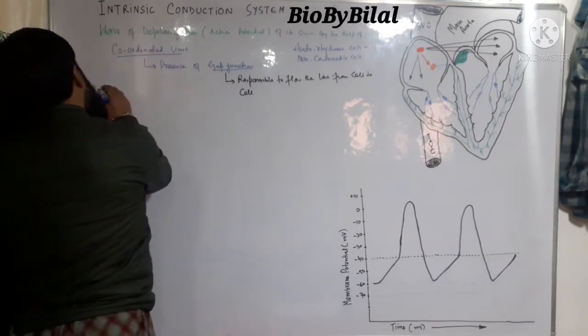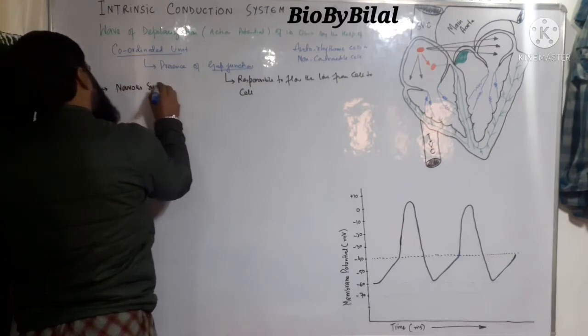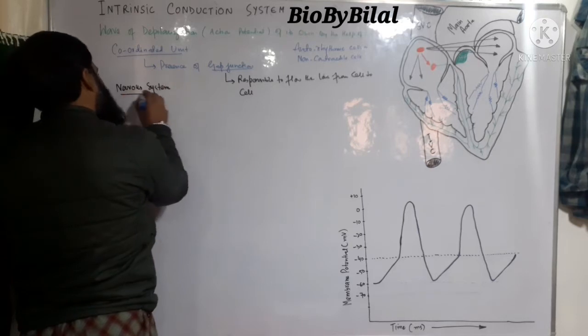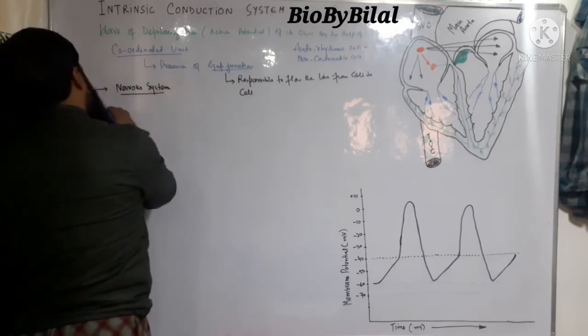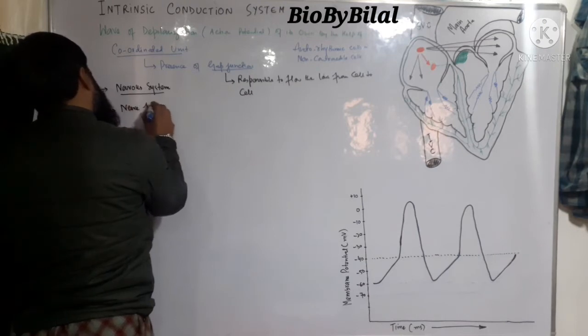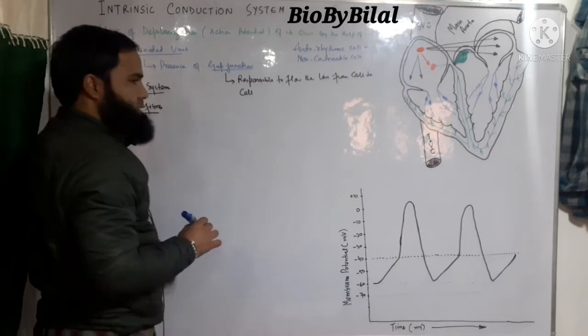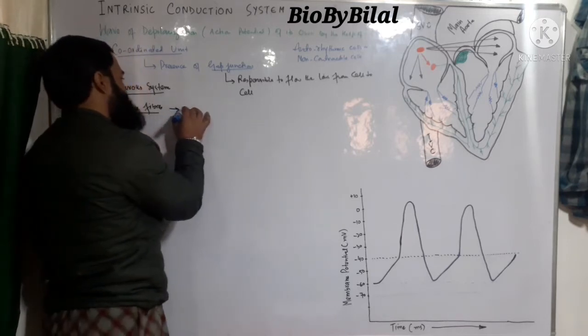The heart is also innervated by the nervous system, but it doesn't depend upon this. The nerve fibers of the nervous system also alter the activity of the heart.